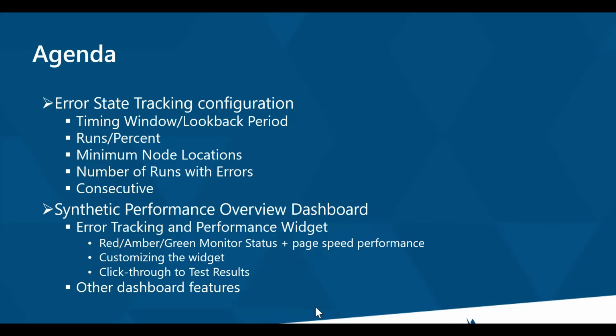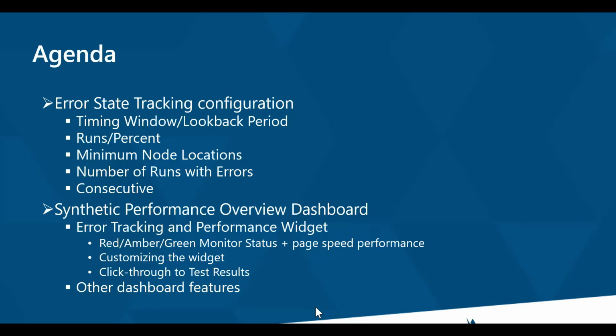There's a look back period that you can configure, and within that look back period you can set the number of errors or percentage of errors required to trigger an alert. Another condition you can set is the minimum number of node locations. You can also set the number of test runs with errors, and you can define whether they must be consecutive or not.